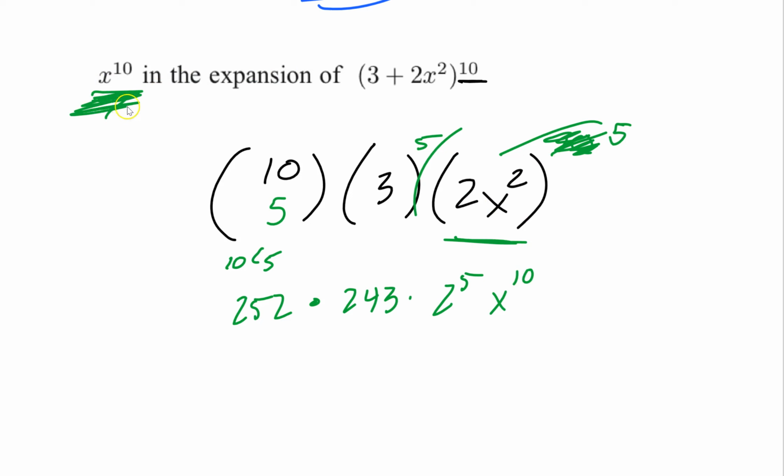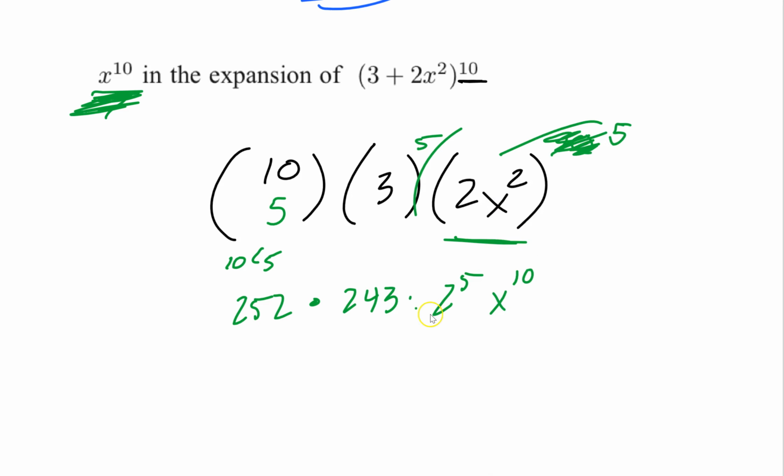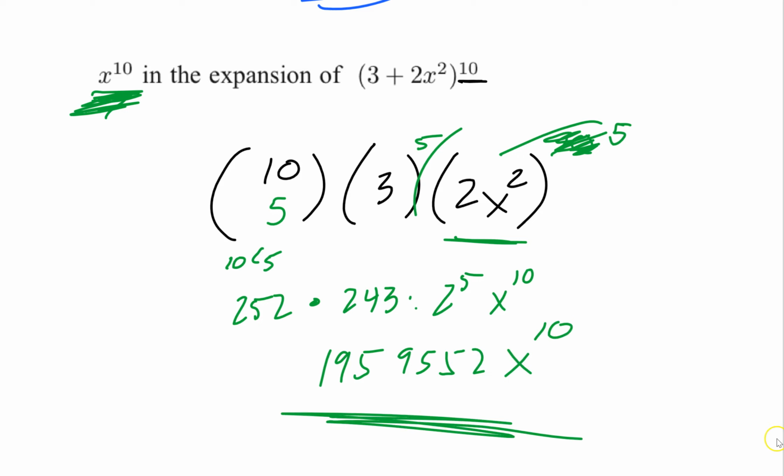I want x to the 10. And then now you just have to simplify that. Use the calculator. 252 times 243 times 2 to the 5th, which is 32. And I get that monstrosity, 1959552. I believe that's right. I don't care at this point. x to the 10. And that's the idea.